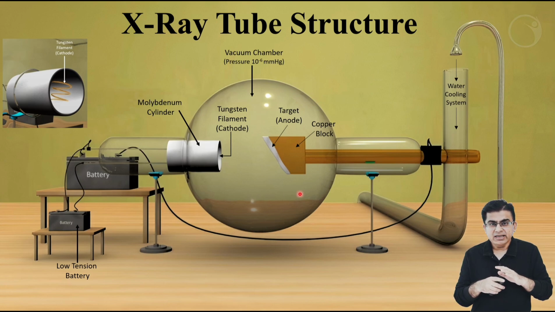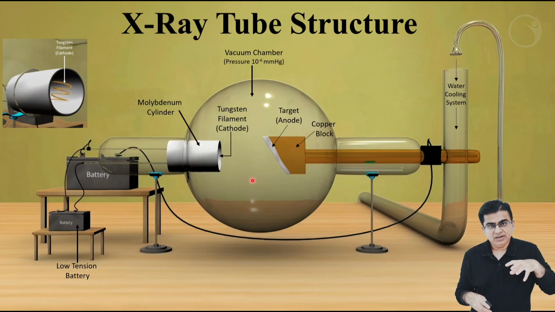We don't want any air in this envelope. The pressure inside this vacuum chamber is strictly maintained at 10 to the power of minus 6 millimeter of mercury. This extreme vacuum is very important so that electrons can travel without hitting any air molecules.